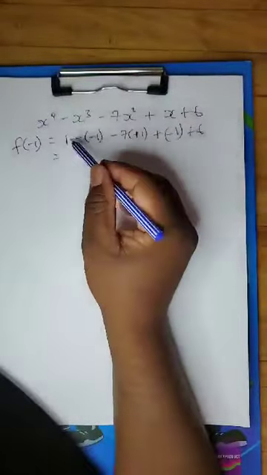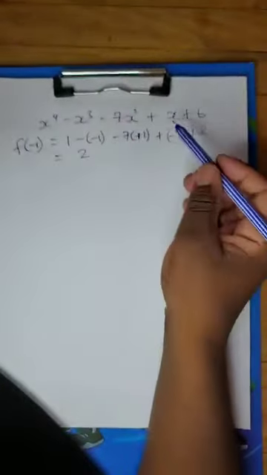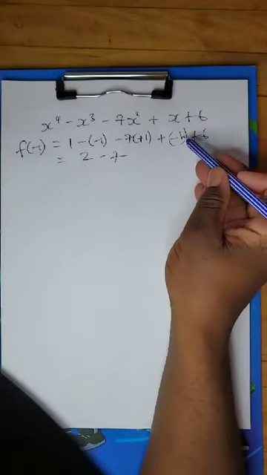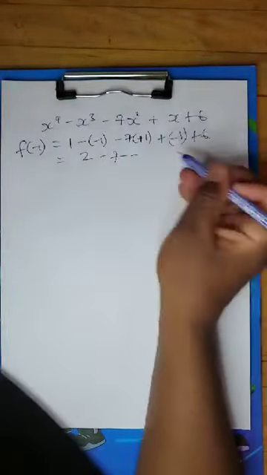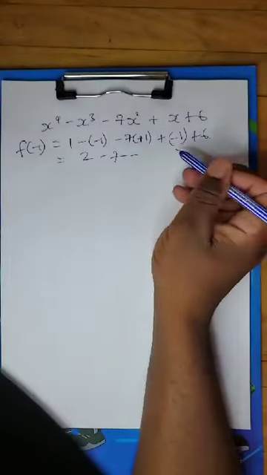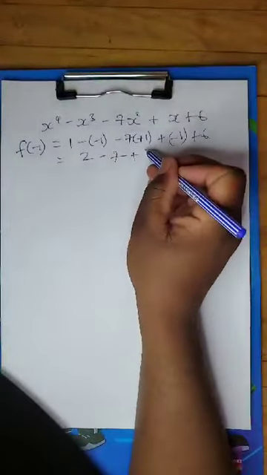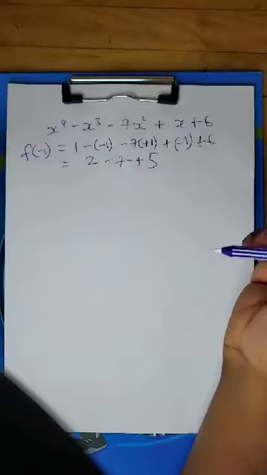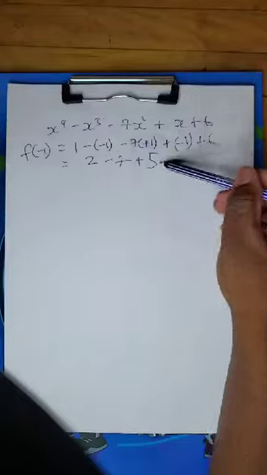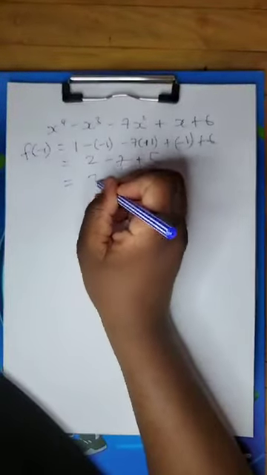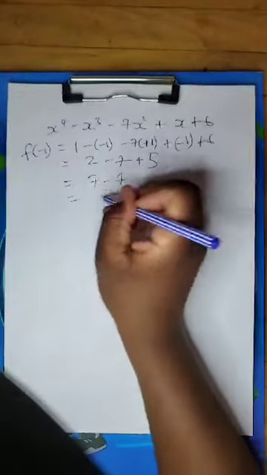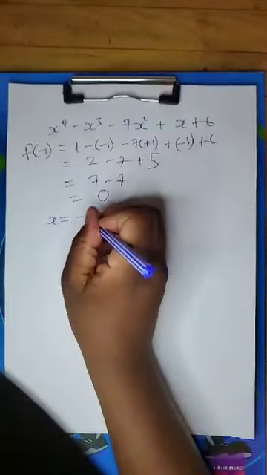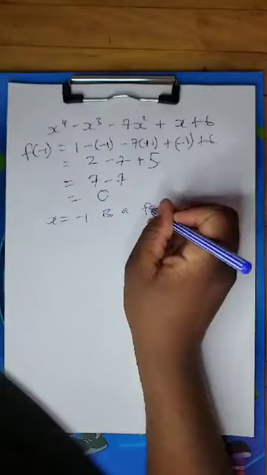We simplify. 1 plus 1 will give us 2. 2 minus 7. And then -1 and 6 will give us +5. 2 and 5 will give us 7. So that gives us 7 minus 7. That gives us 0. Meaning x is equal to -1 is a factor.